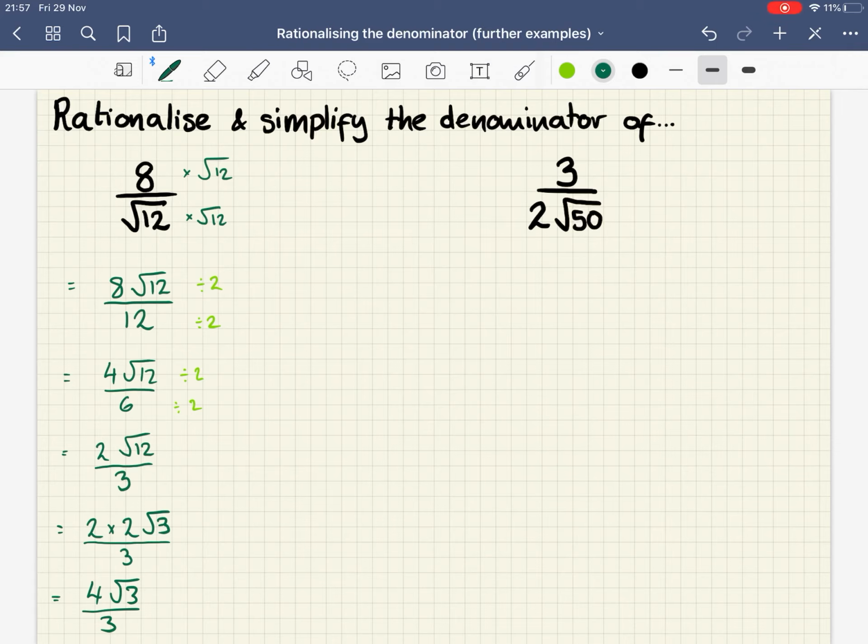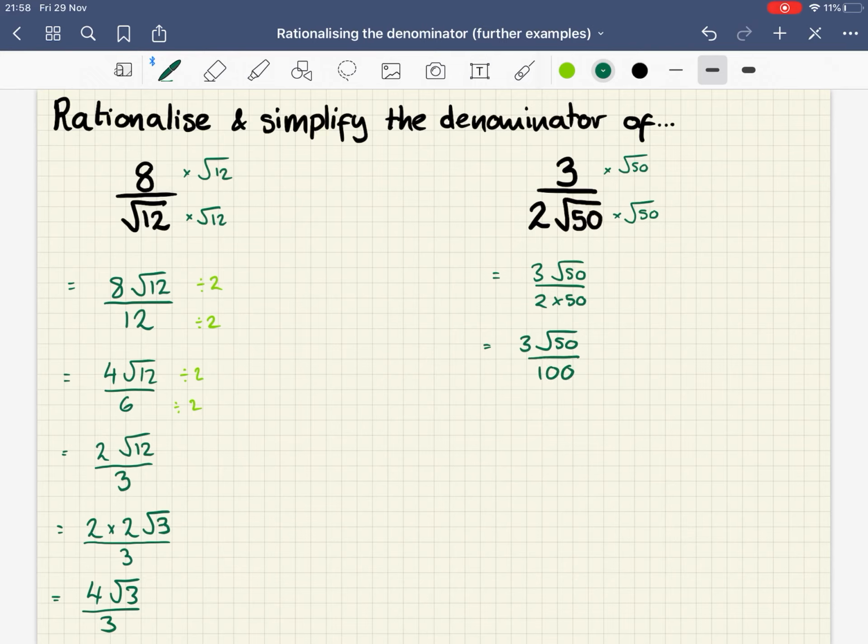And so this one here, I've got 3 over 2 root 50. So I'm going to multiply the top and the bottom by root 50. So I've now got 3 root 50 over 2 times 50. So that's going to be 3 root 50 over 100.